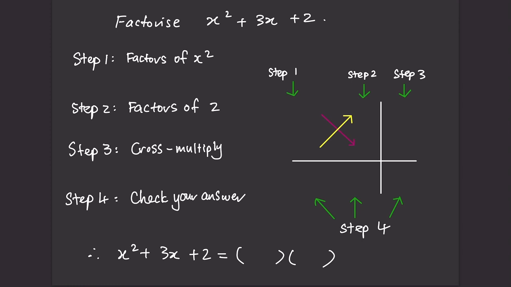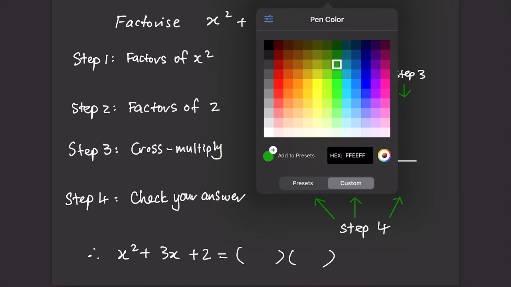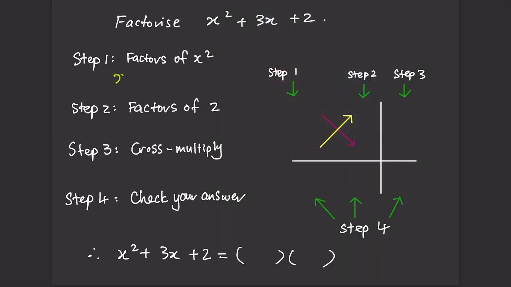Here, the factors of x squared will be x multiplied with x. Maybe I should choose a different color ink for this. Yellow looks fine, so that is x multiplied with x. So I can fill that in: x times x will give me x squared.